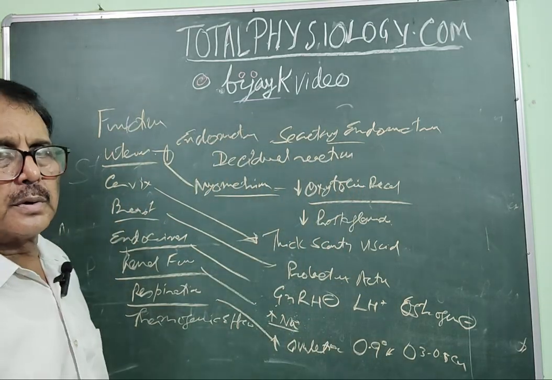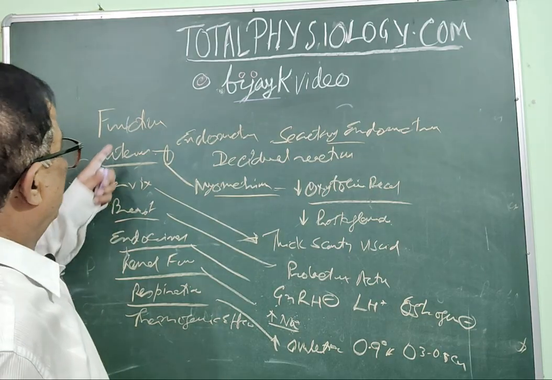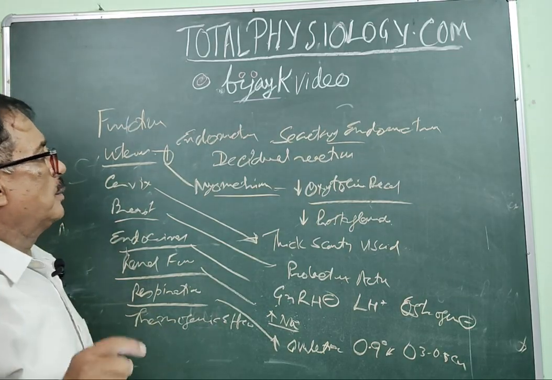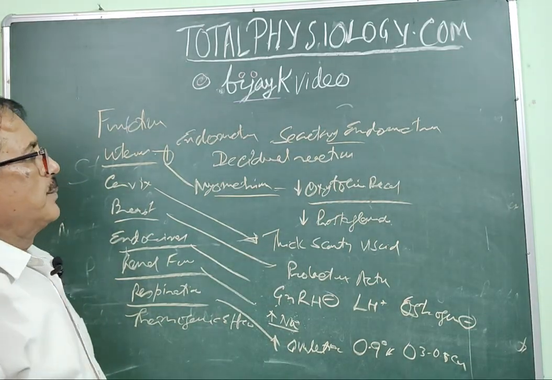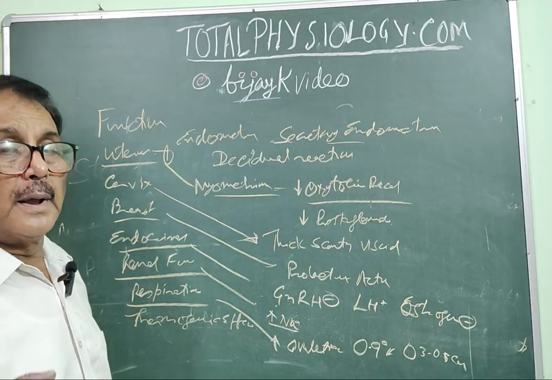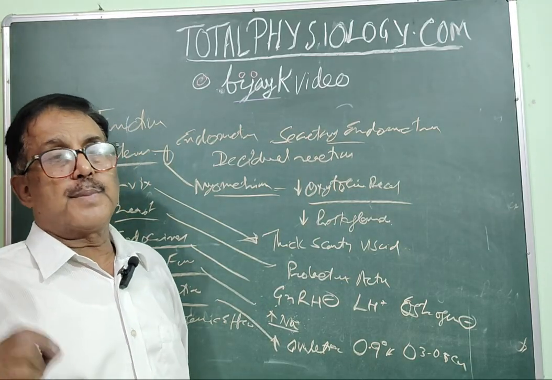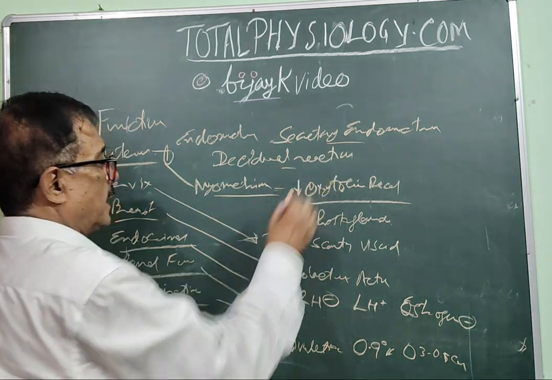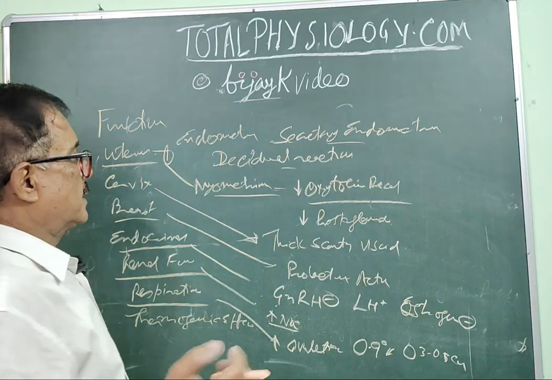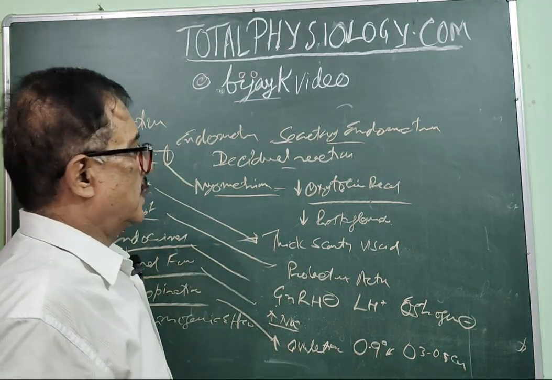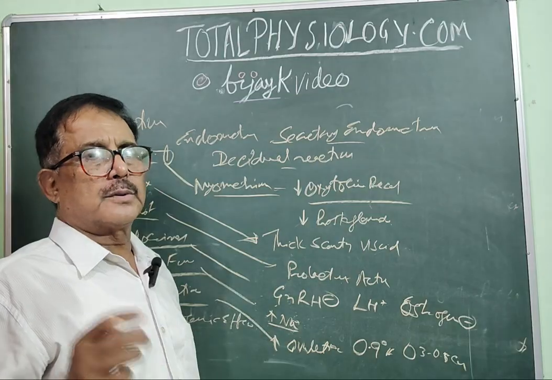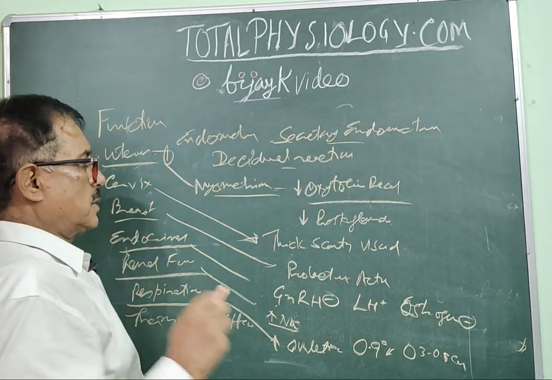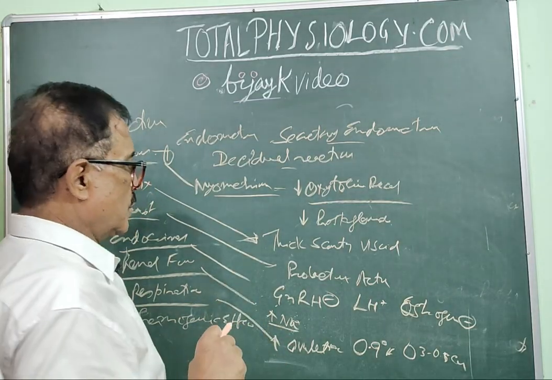In short, let us revise the functions. On the endometrium, it causes formation of secretory endometrium, but it must be estrogen primed; it has no function of its own. Then decidual reaction for implantation. On the myometrium, it decreases oxytocin receptors so that contraction of the uterus is not possible, and prostaglandin secretion is also inhibited.